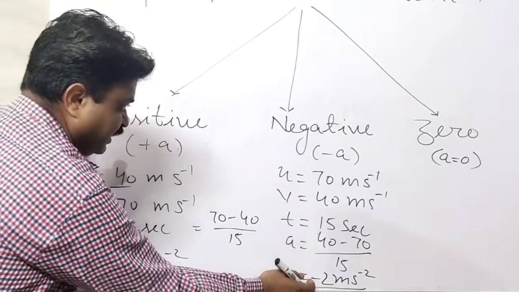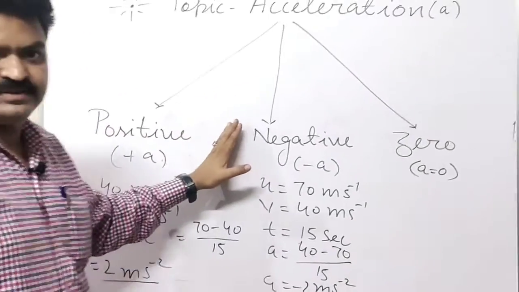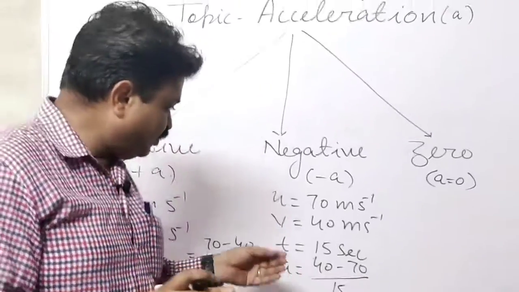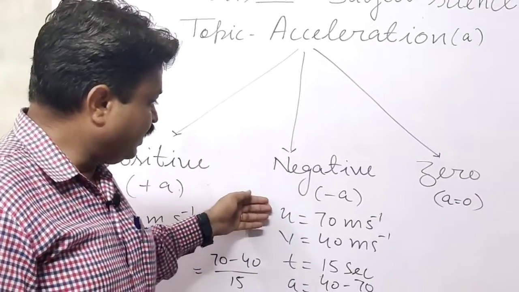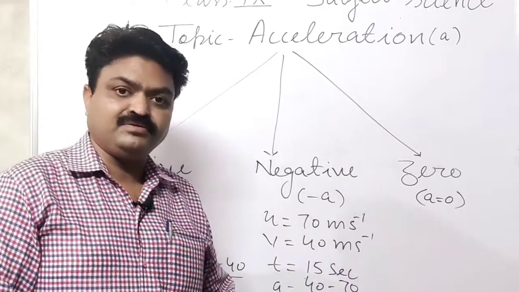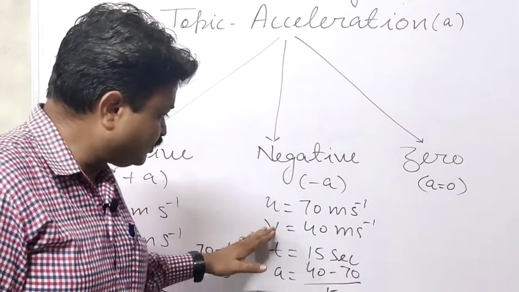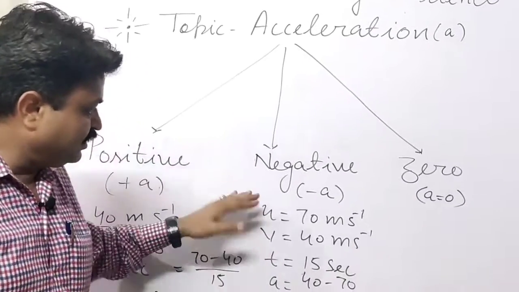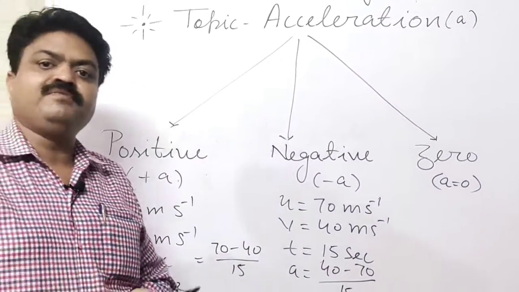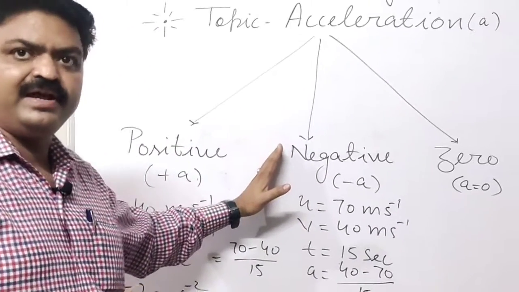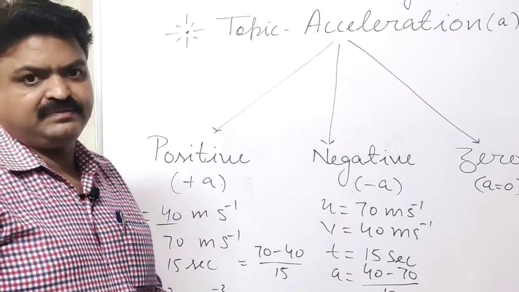And this negative acceleration is known as retardation, because in this the final velocity is not more than the initial velocity, student. In this, the initial velocity is more than the final velocity. That's why it is known as negative acceleration.